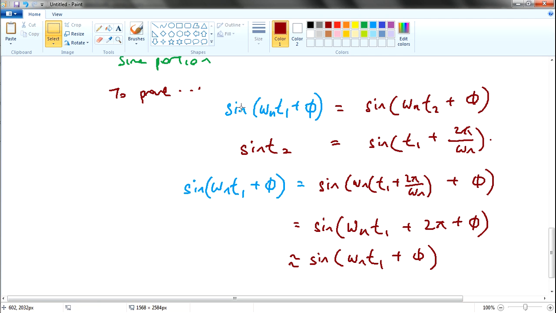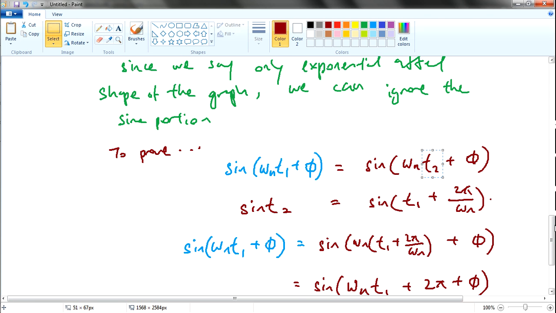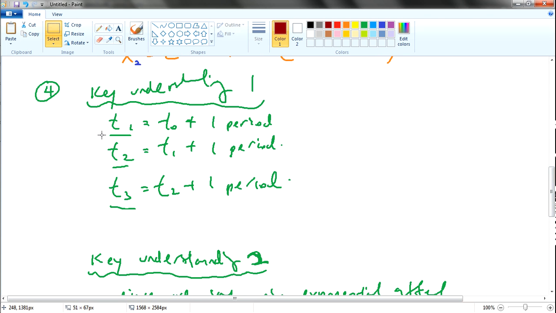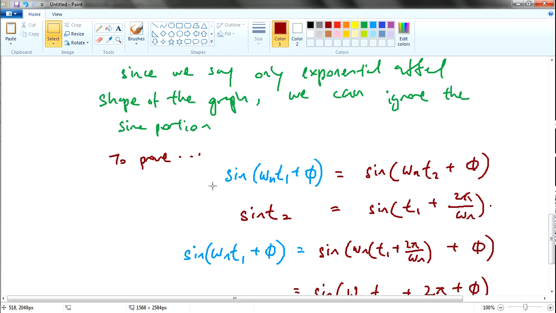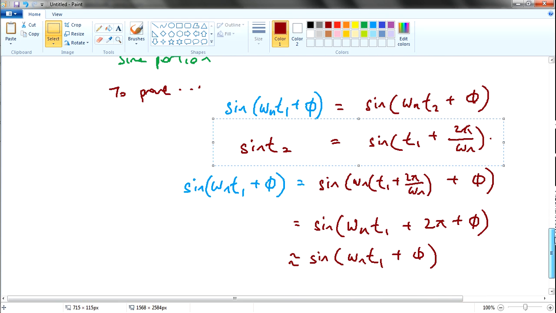So how do we prove it? We use this equation first, and then we sub in t2, where from our previous understanding t2 is equal to t1 plus 1 period. So sine of t2 is equal to sine of t1 plus 1 period, and 1 period is 2 pi over omega n. If you sub t2 back into this equation, I didn't change anything.